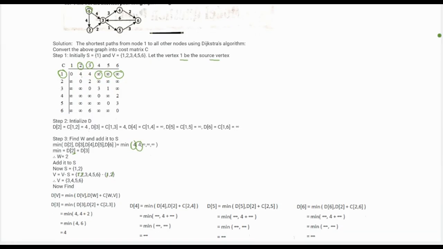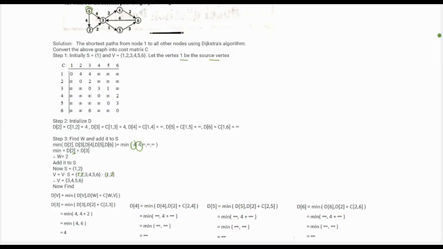Now the formula is D[V] = minimum of D[V] and D[W] + C[W][V]. We consider D3, with V equal to 3.